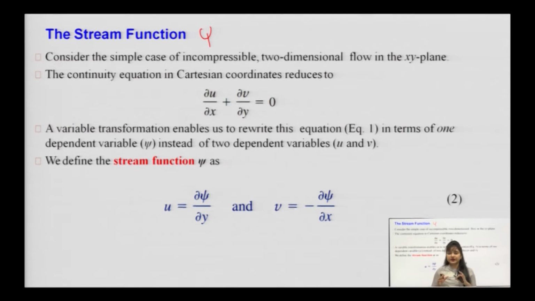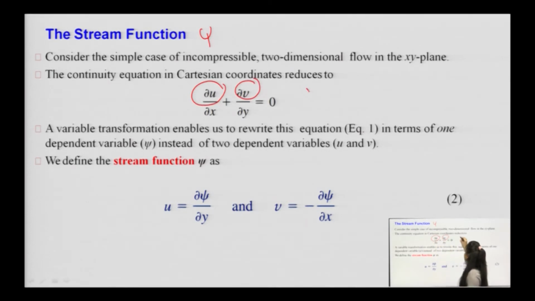Now, there comes a variable transformation to rewrite this equation in terms of a single term psi, that is nothing but the stream function, and this single stream function replaces the two variables u and v.